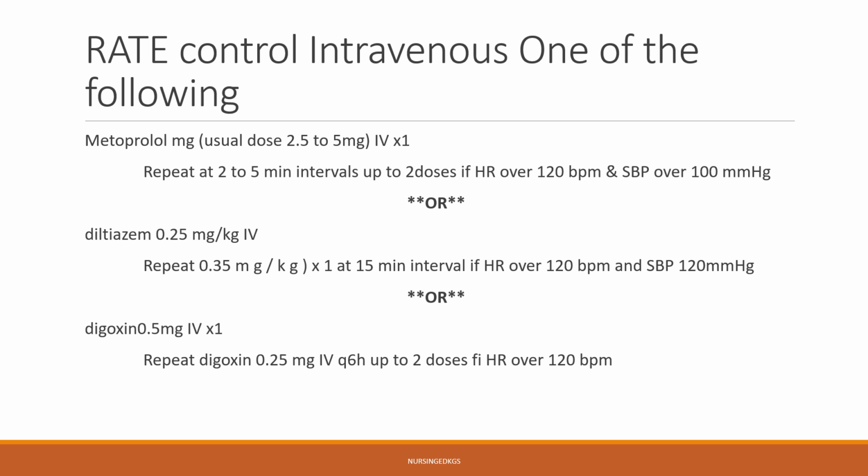And it can be repeated, but the repeat dose goes to 0.25 mg IV Q6 for up to 2 doses if the patient's heart rate remains above 120 after the initial dose.